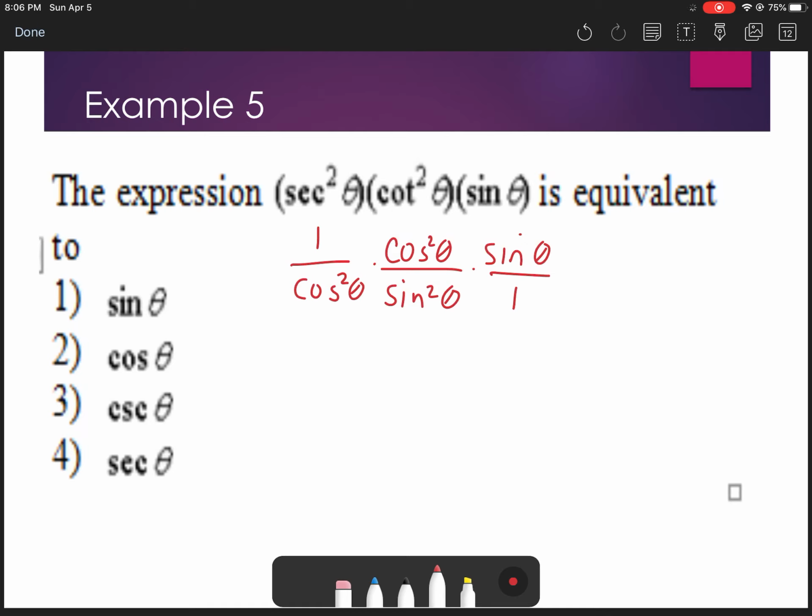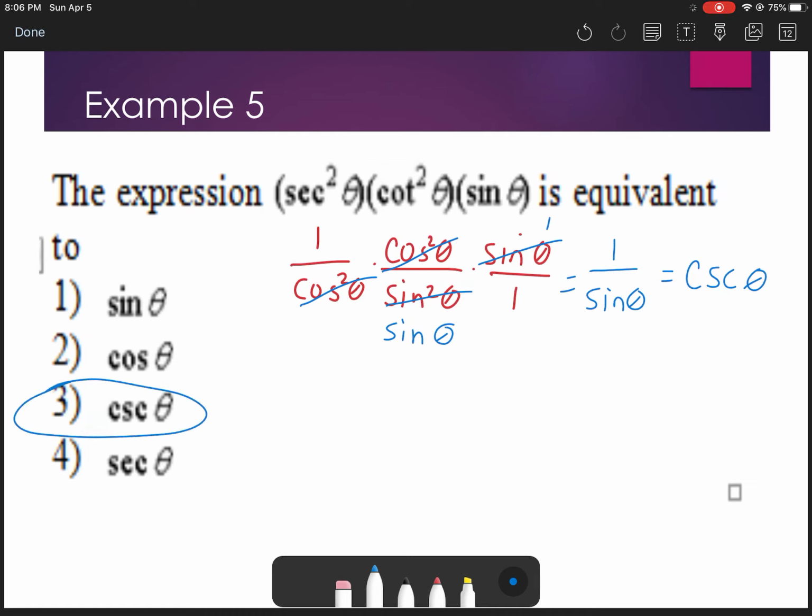Okay, the cosine squareds cancel out. I can cancel out this sine with one of these down here, which leaves me with a single sine of theta. And when we clean this up, our numerator is 1. Our denominator is the sine of theta. And remember, 1 over sine of theta is the same thing as cosecant of theta. So therefore, your answer is choice number 3.